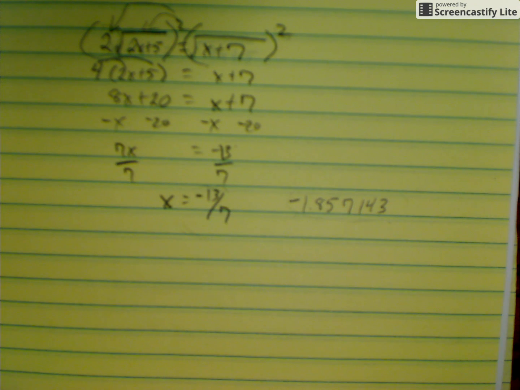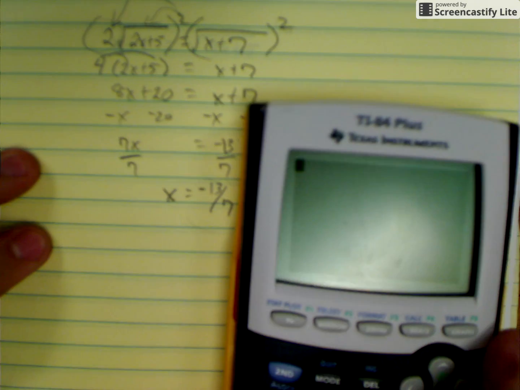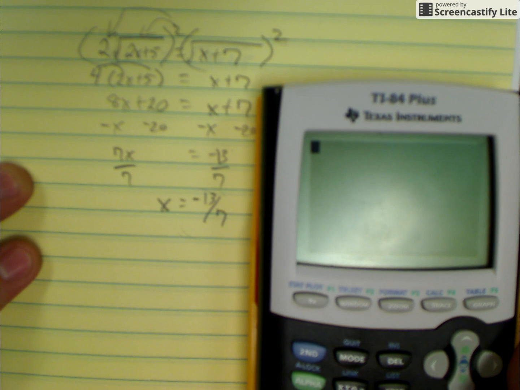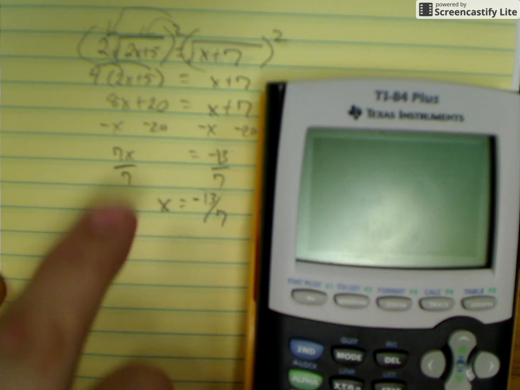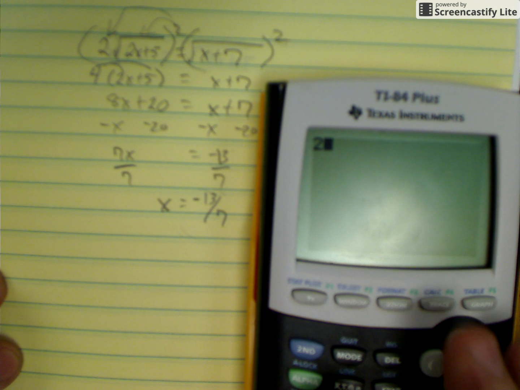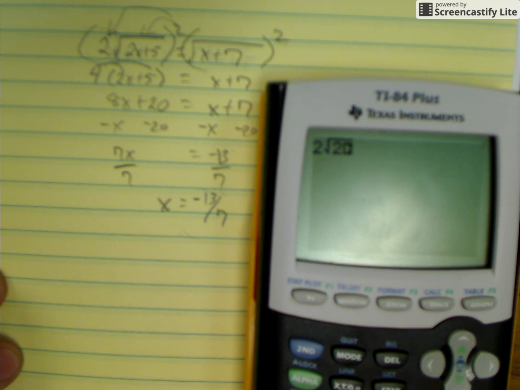And so I'm going to show you what I mean by that. If I take this fraction and I plug it in to check it to see if it works or not, if I do 2 square root of 2 times negative 13 divided by 7 plus 5, and I get 2.267778683. Okay.